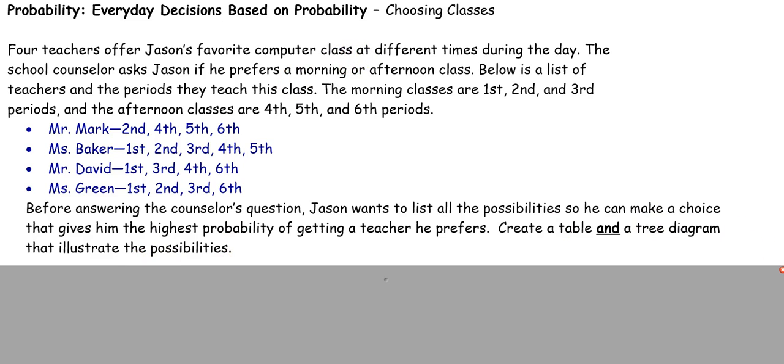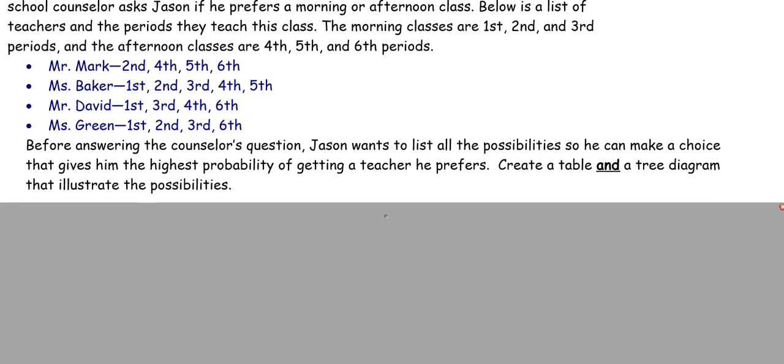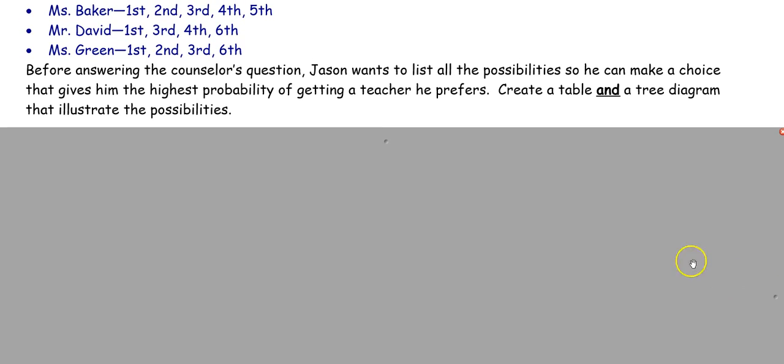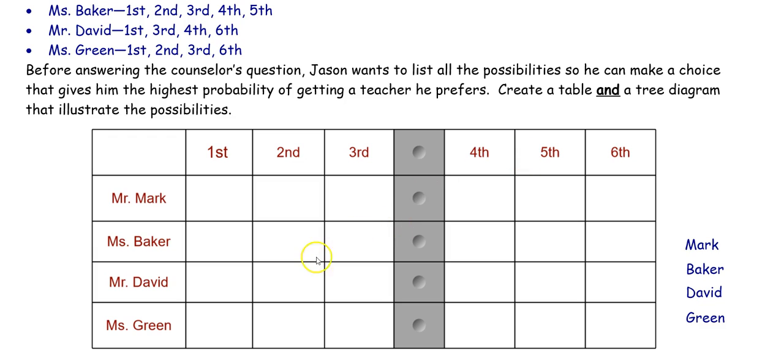At first we have one table here. Let me open it up. This is a big table with all 6 periods. The first 3 periods are before lunch, that's the morning session, and the 4th, 5th, and 6th periods are in the afternoon session.